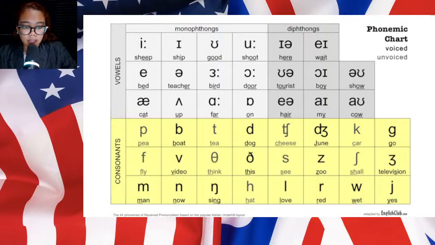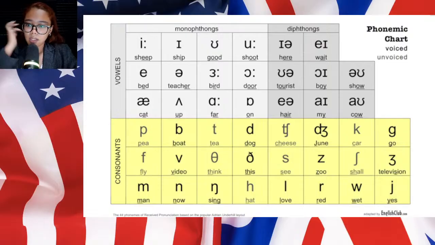Now here in monophthongs, I'm just going to speak the sound and then read the example, because if you want to know more about this, you can always watch our stream for this. Okay, let's start with monophthongs. E, sheep.